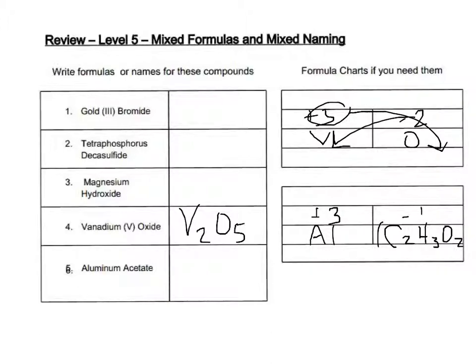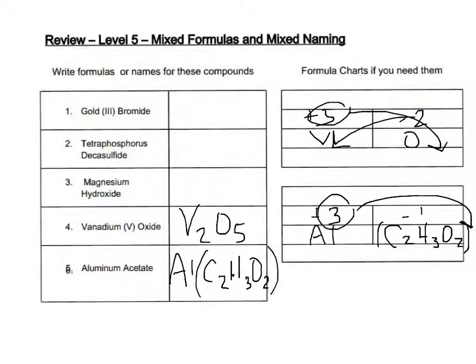We'll put parentheses around this, polyatomic. And we're going to keep the parentheses because the 3 gets crossed over. We don't cross over 1 because it's understood. So the formula would be Al, parentheses C2H3O2, and we need 3 of those.